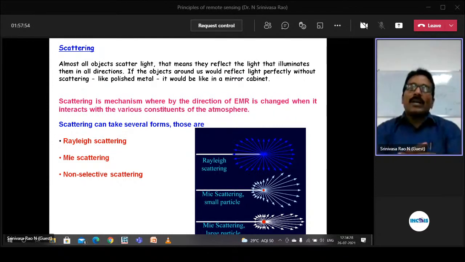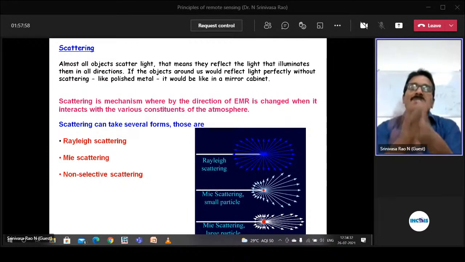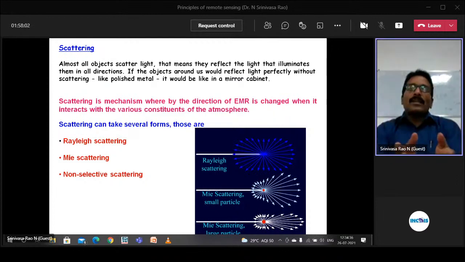Even at a 10 meter distance during fog, we are unable to see perfectly. That means the energy emitted or reflected from the person is not 100% reaching our eye. In the atmosphere, some of the energy is lost due to scattering by these molecules, so we lose some information.